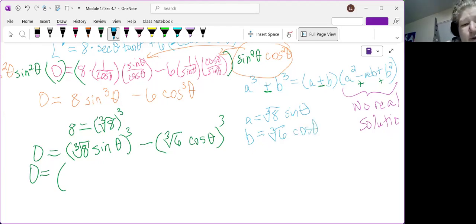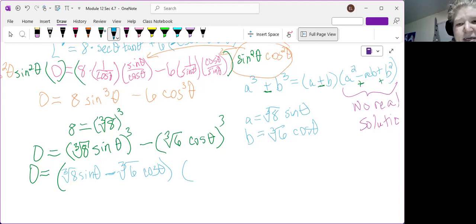All right. Our original form had a minus, so we're going to have a minus in here. So a, that cube root of 8 sine theta, minus the cube root of 6 cosine theta. That's one part of our factoring.